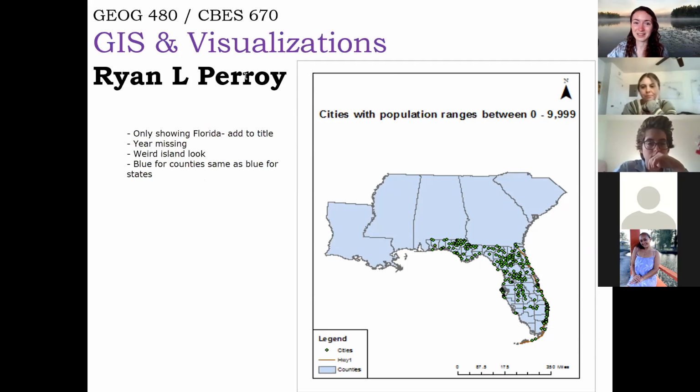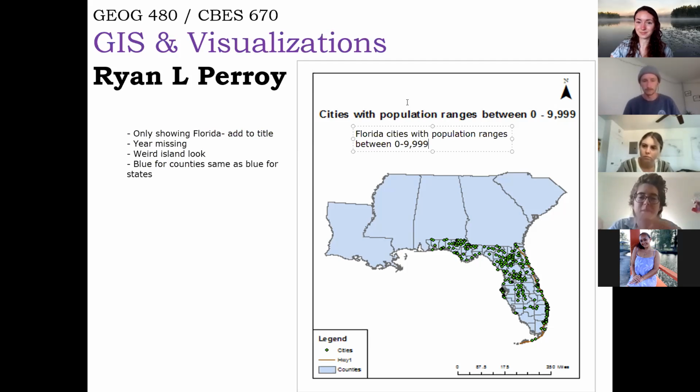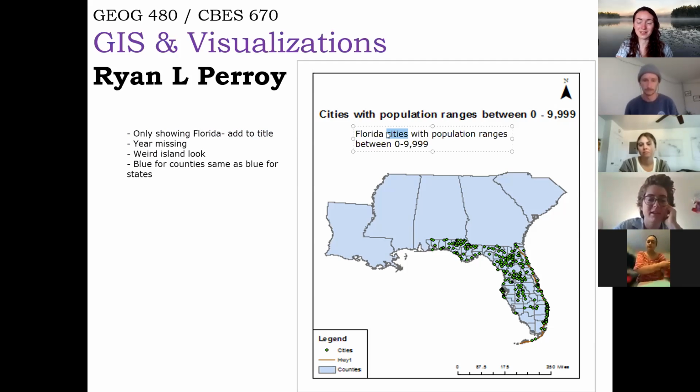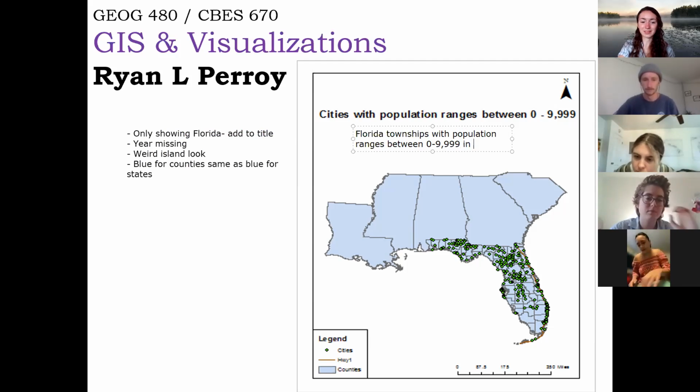Yeah, so adding Florida, definitely. Adding the year that the data was collected. A city can't have less than 100 people, in my opinion, so I feel like they should break it up a little bit. Maybe townships or something. In 20, whatever year.